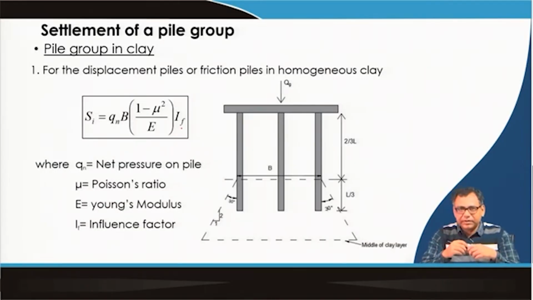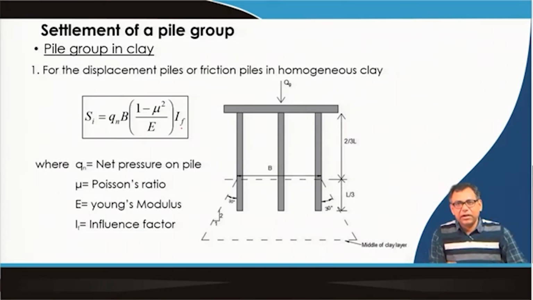Sand also will have a significant effect if the soil condition is not good, but in most cases we calculate settlement for clay soil, because there will be a consolidation settlement. For loose sand you also have to calculate the settlement of the pile, but in clay soil the settlement is very crucial.